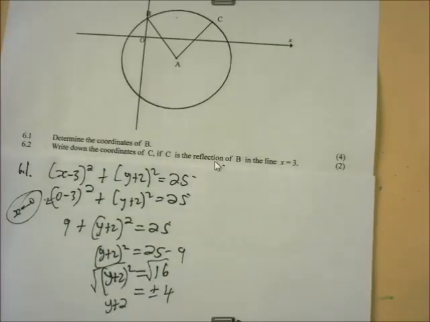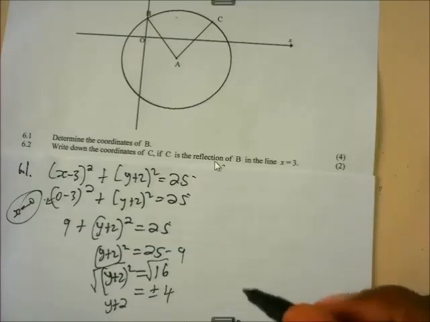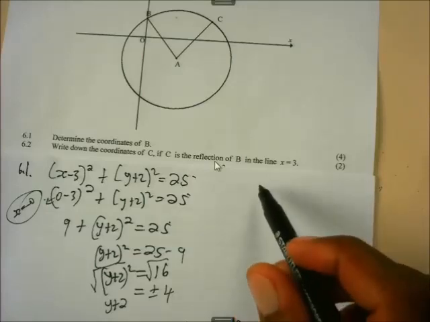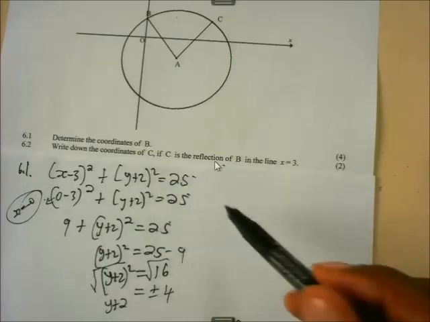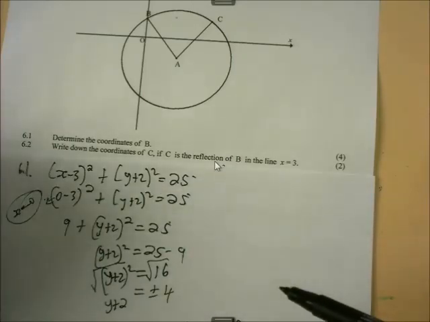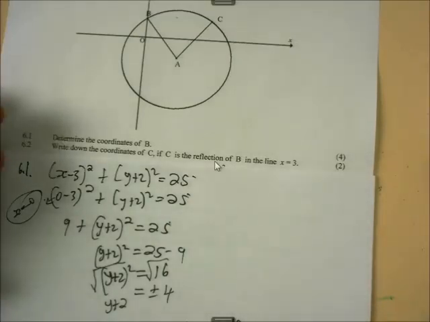6.2 says write down the coordinates of C if C is a reflection of B in the line x equals 3. Now, what is it that you are going to do here?